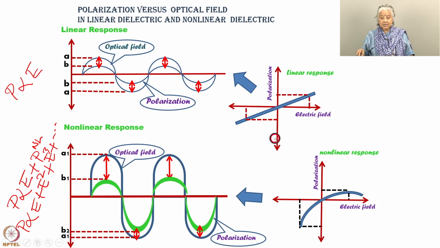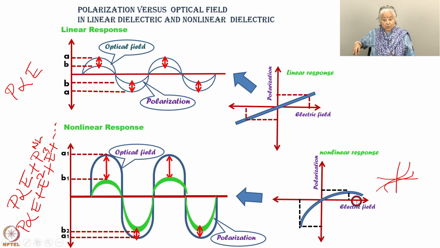So, just like here, suppose I were to depict it here, polarization is no longer a linear function of electric field. There is a bend, and it need not be a bend like this, it can be a bend anyhow, it could even be something like this, anything other than linear. Okay. So, this is just to show that it is no longer linear.